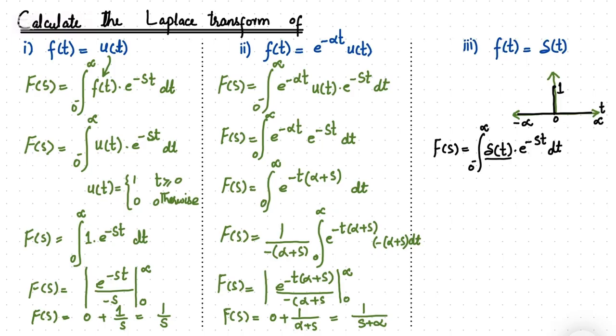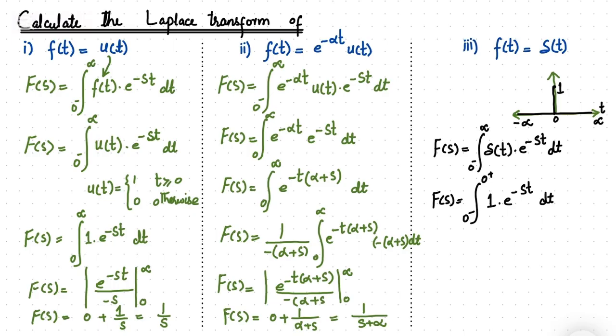The value of the impulse function is 0 when the time is other than 0. It means the value of the impulse function is 1 at t is equal to 0 only. So we can write this with integration limits from 0 minus to 0 plus. Only in this range is the value of the impulse function 1, and in all other ranges it is 0, therefore e raised to power minus st dt.